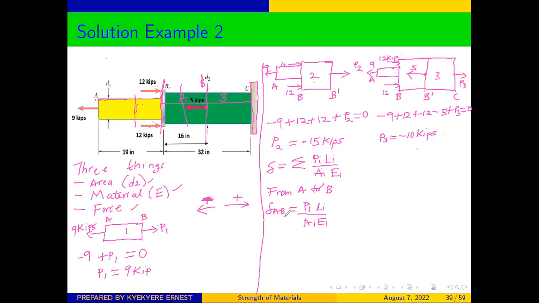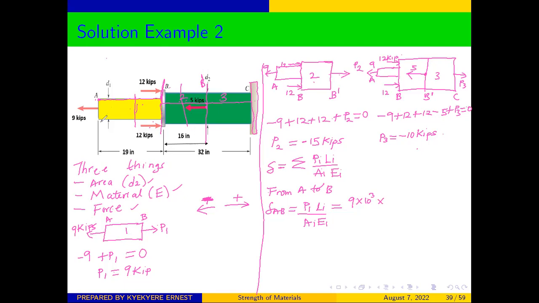So from here, we can see that our deformation will be equal to, we know that P1 is 9 kips, and kips is kilopounds, so it's times 10 to the power 3. So we are going to get 9 times 10 to the power 3 times the length of the section.